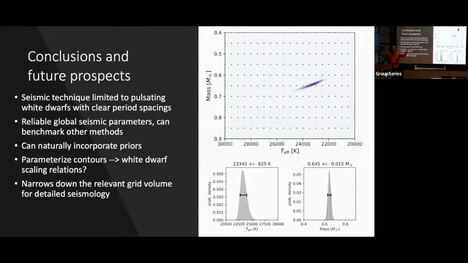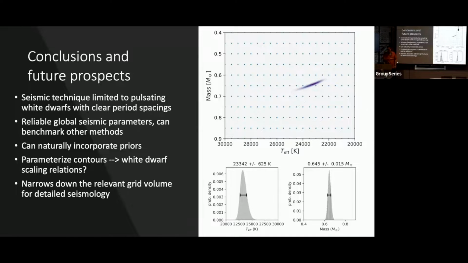Hopefully, this is still the big goal of white dwarf asteroseismology, and I'm hoping that this approach will lead to a breakthrough in our ability to find the correct model that represents the star, and we can really infer the interior structure of these objects.